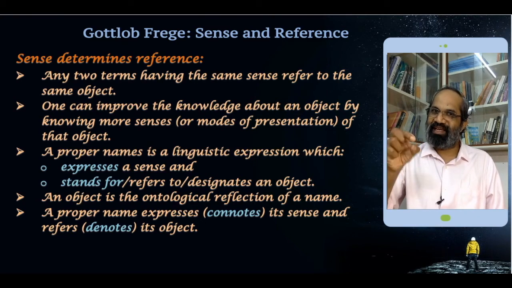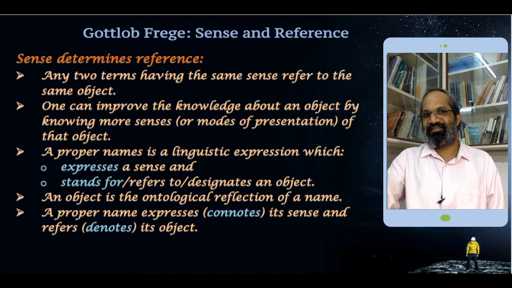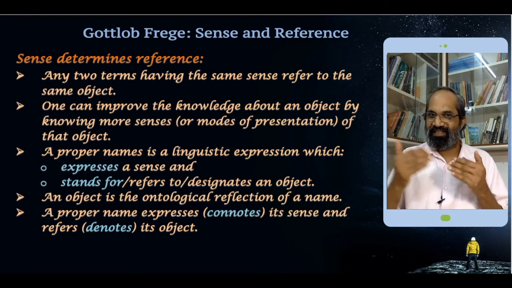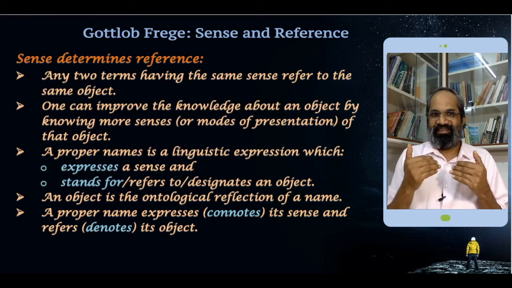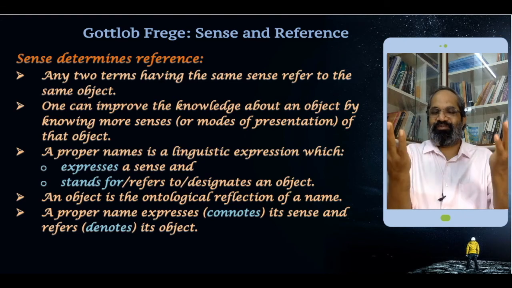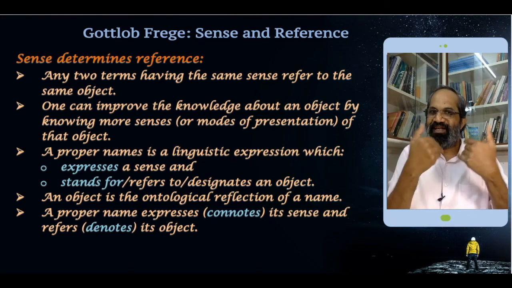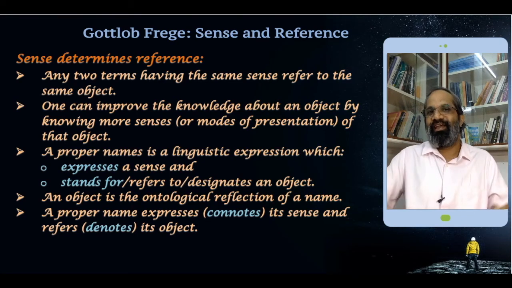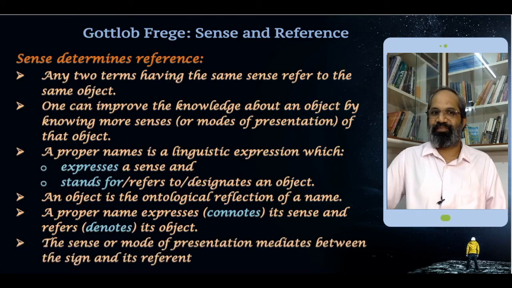So for any sign, there is a meaning, a sense, that is a connotation, and a reference, or what it denotes. So a proper name expresses or connotes its sense. It has got a sense, and it refers or denotes its object outwardly. So inwardly it has got a sense, and outwardly it has got a reference.